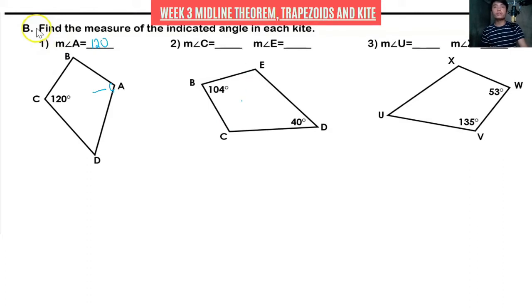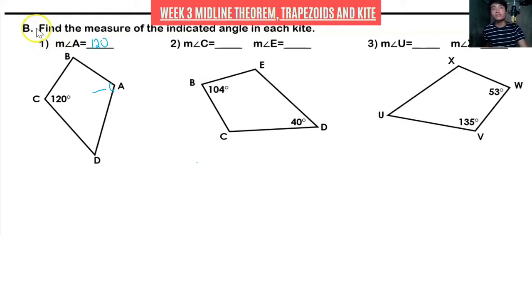So, dalawa yung nawawala dito. Pagka ganito, we will just remember that the measure of the angles of a quadrilateral is equals to 360. So, yung measure daw ay 360.